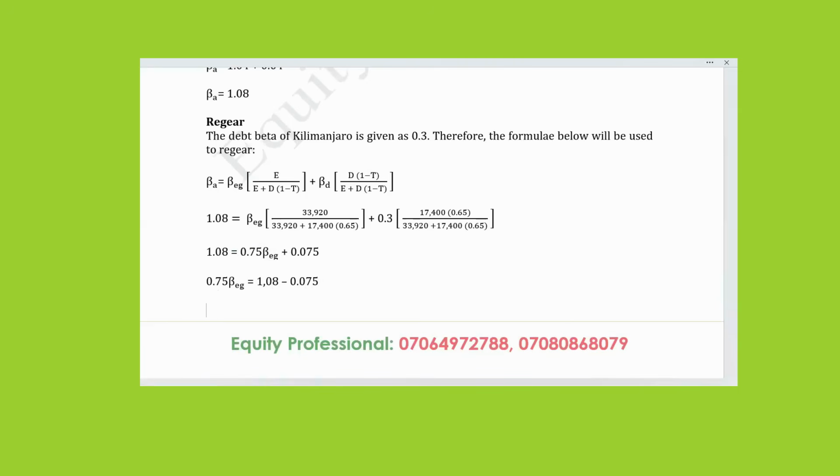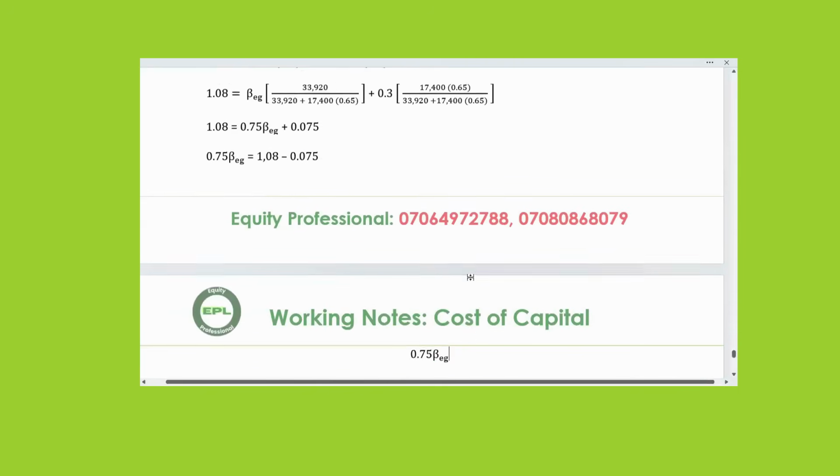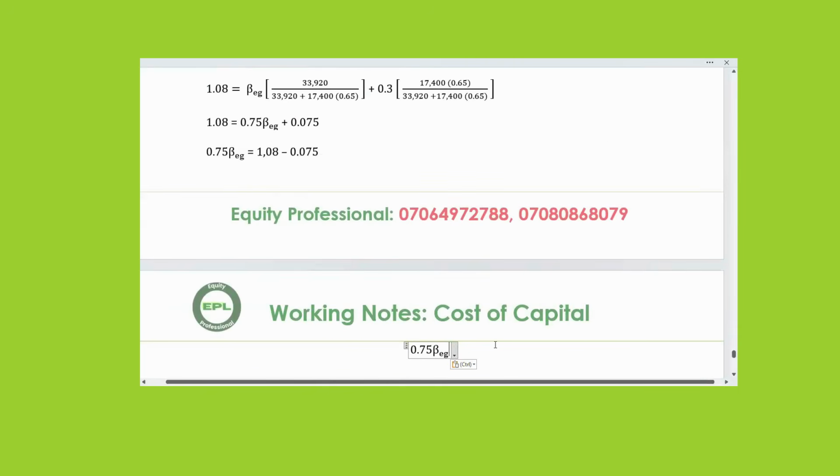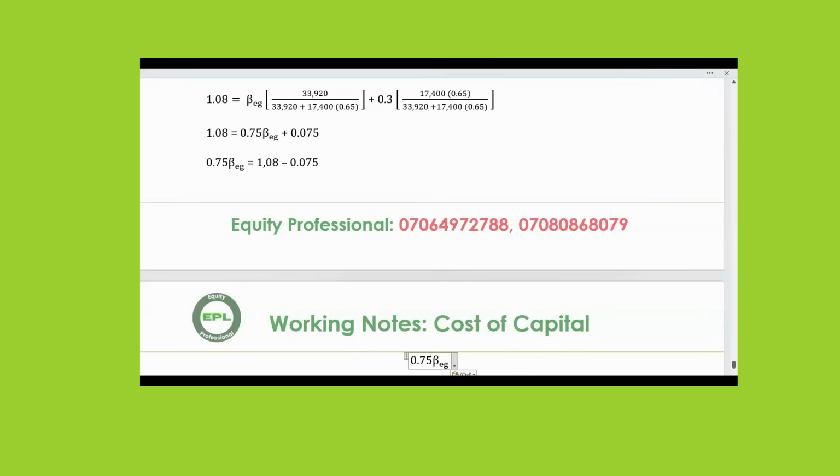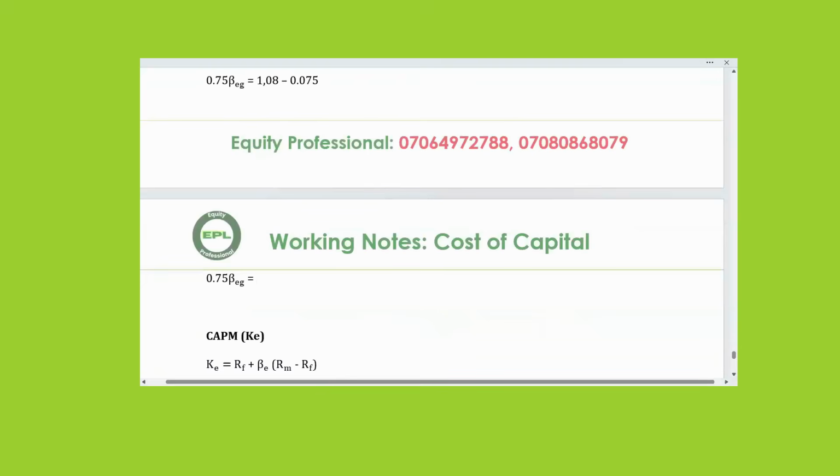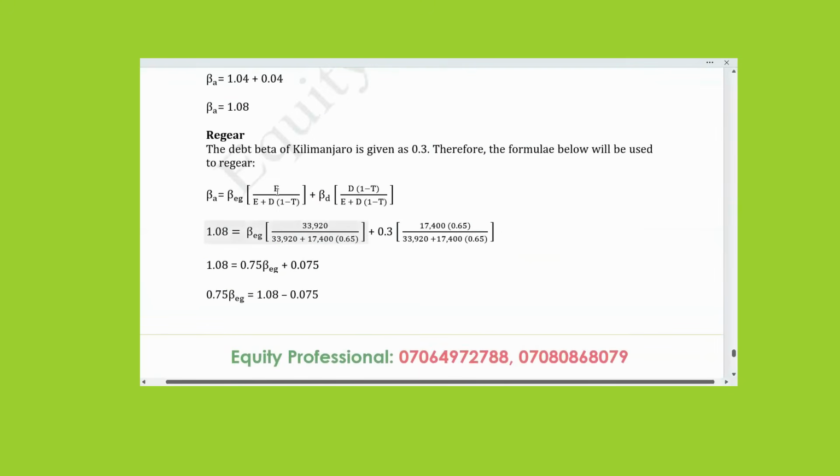So the final answer will then be BEG equal to 1.08 minus 0.075. That will give us 1.005.